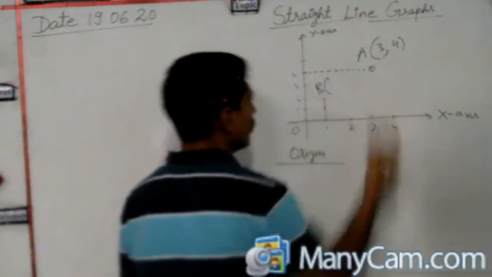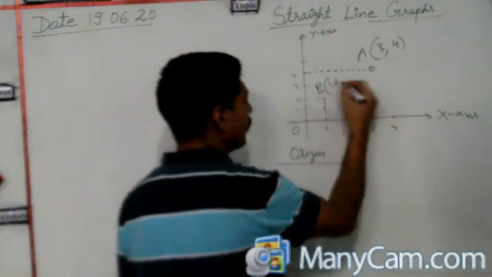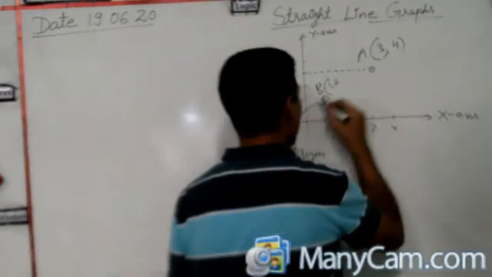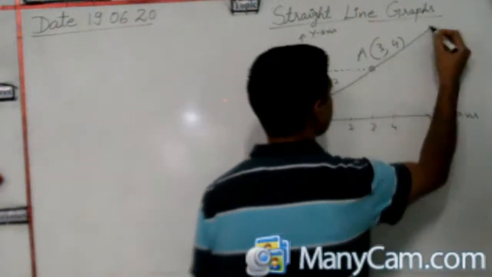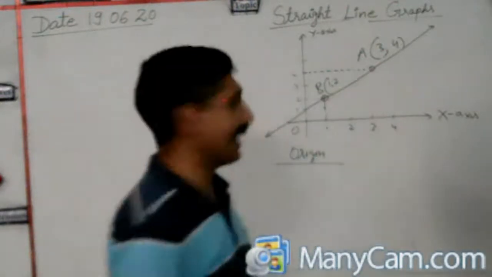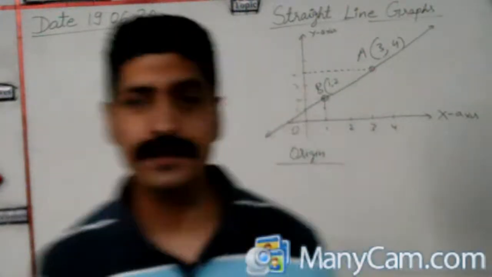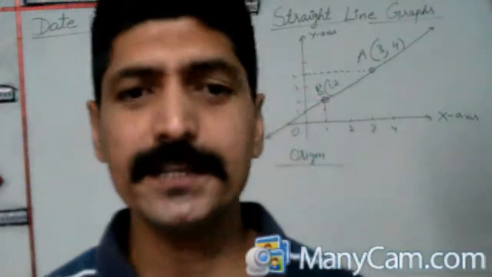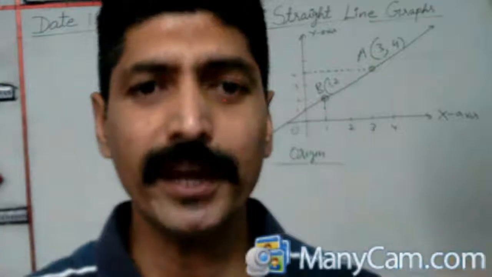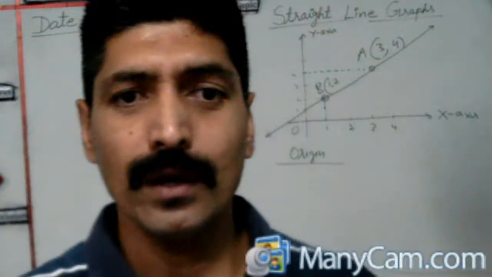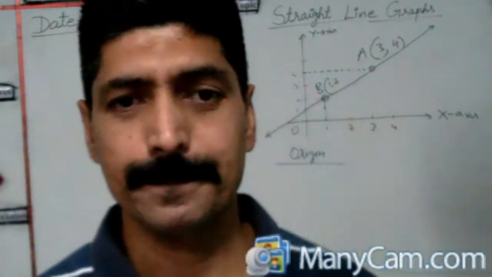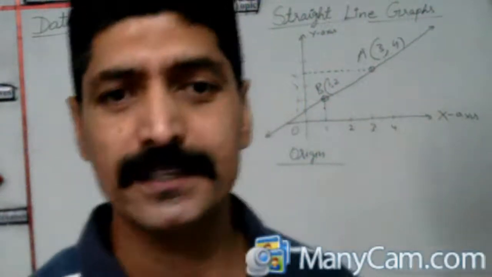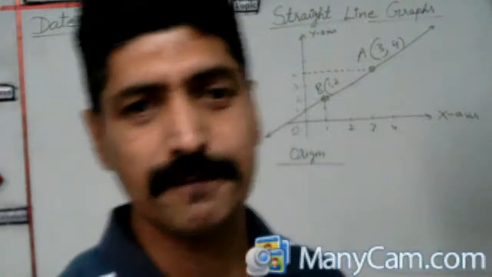When we join these 2 points, we have a straight line. From any 2 distinct points, we have only one straight line. And how many other points are on this line? Infinitely many. So we have infinitely many solutions of this straight line.